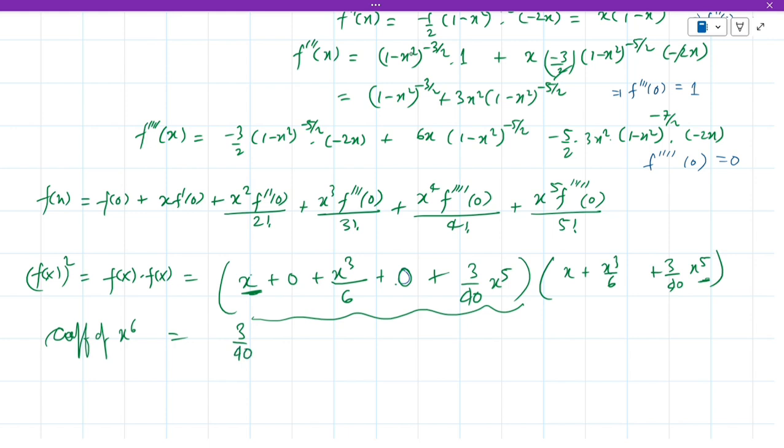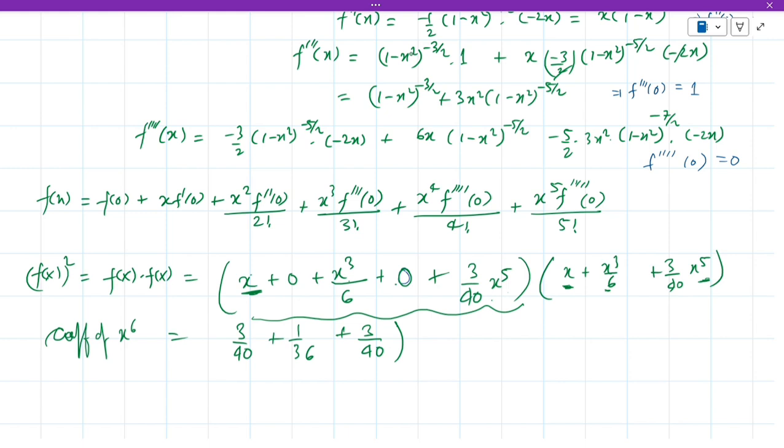Then x cube multiplied with x cube by 6 will provide the coefficient of x to the power 6, so it will be 1 by 36. Then 3 by 40 x to the power 5 multiplied with x will provide the coefficient of x to the power 6, which is 3 by 40. If we go further to x to the power 7, we won't get x to the power 6 terms after multiplication. So the only terms for the coefficient are these.